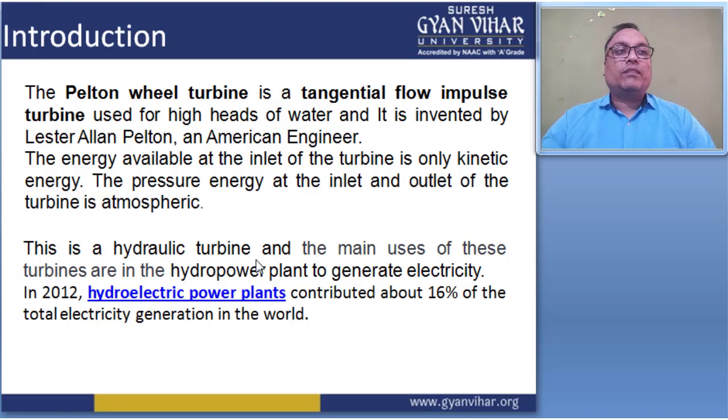This is a hydraulic turbine, and the main use of these turbines is in hydropower plants to generate electricity. In 2012, hydroelectric power plants contributed about 16% of the total electricity generation in the world. This is data given by the energy agency.